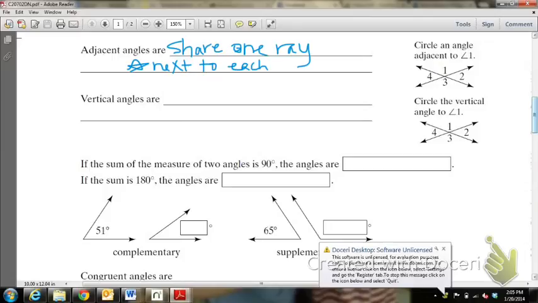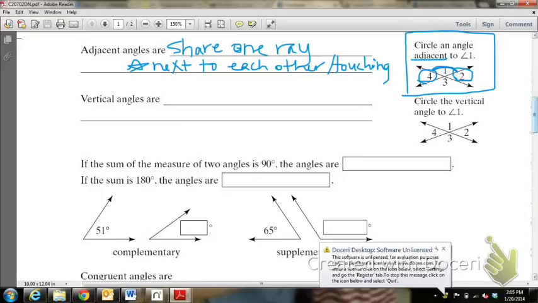Because adjacent means next to each other or touching on a side. So if I have to look here, okay, in this little picture, circle an angle adjacent to angle 1. Well, here's angle 1. So adjacent means next to or touching. So angle 2 would be adjacent, and also angle 4 because it touches on the other side. So 2 and 4 are both adjacent.